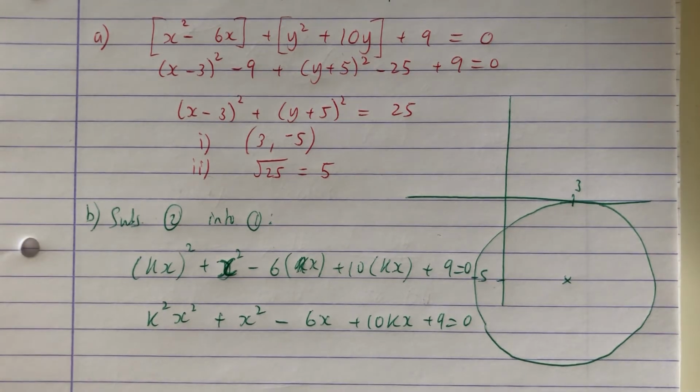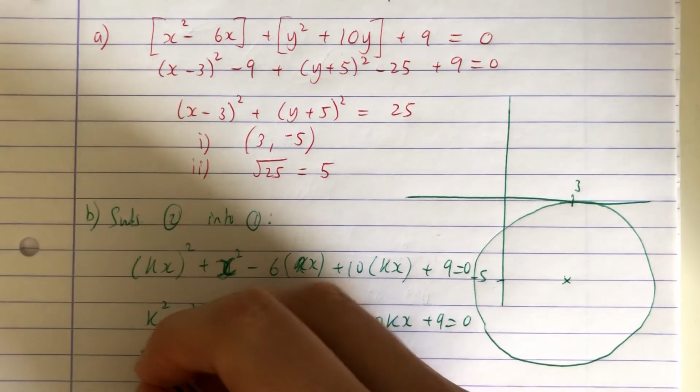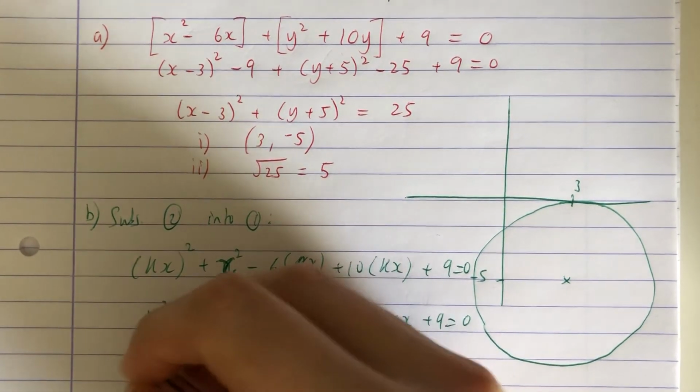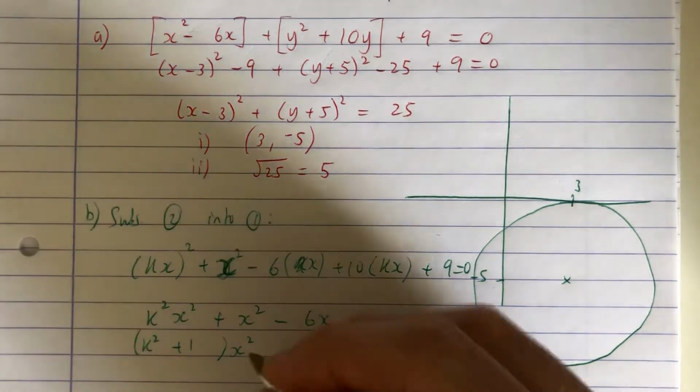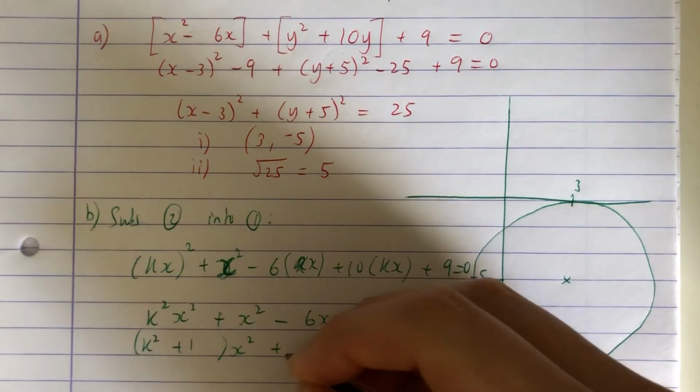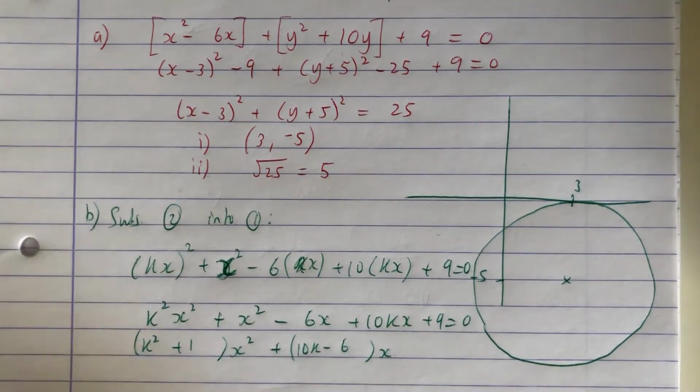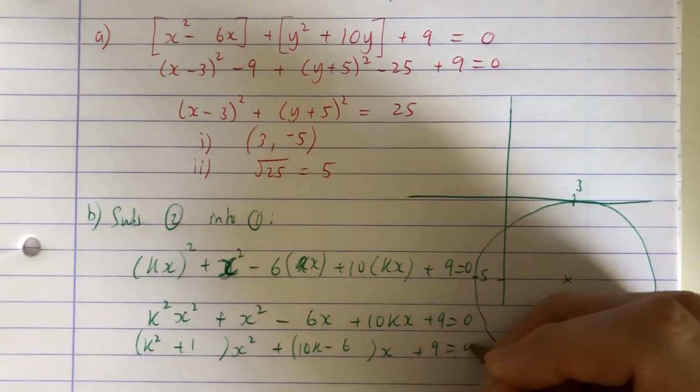Collect the like terms. It's not easy to collect the like terms, so you're going to have to use factorising. So take an x squared out, and you get k squared plus 1. Take an x out, and you get 10k subtract 6, and just a plus 9 on the end.